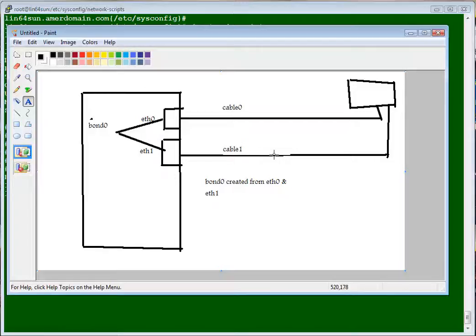Where we mention the active active or active passive configuration is in the configuration file of this bond 0.